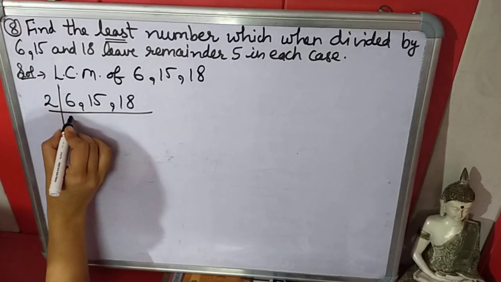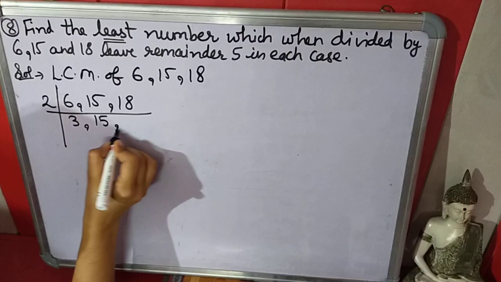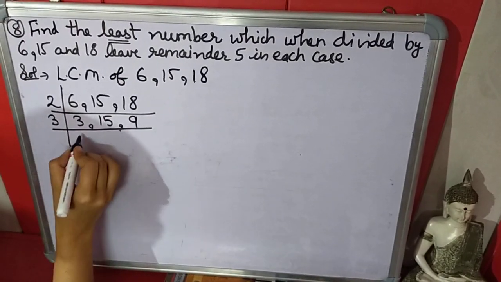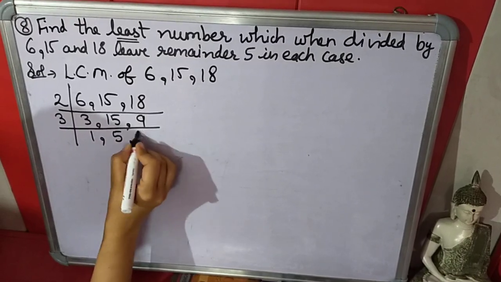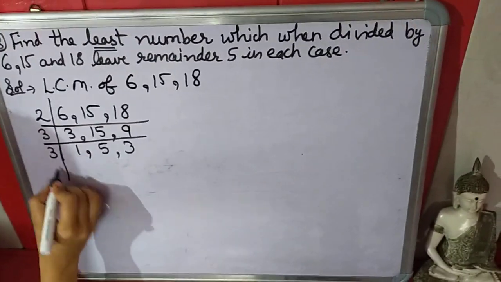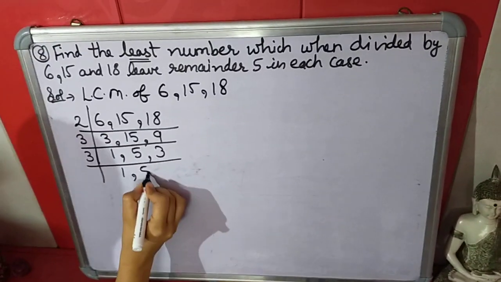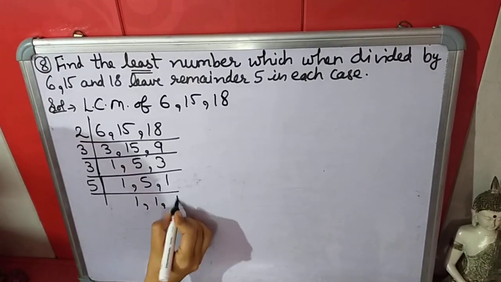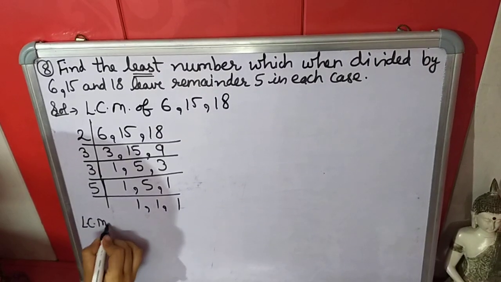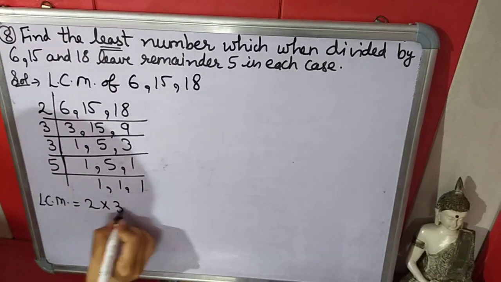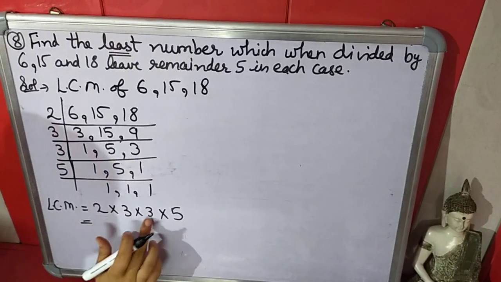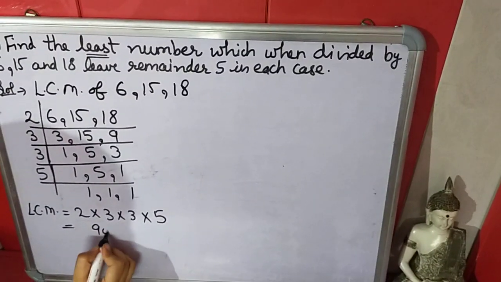It will go on table of 2. 2 3s are 6 and 2 9s are 18. Now all three numbers will go in table of 3. 3 1s are 3, 3 5s are 15, 3 3s are 9. Again it will go on table of 3 and now on 5. So here LCM is 2 multiply 3 multiply 3 multiply 5. 2 3s are 6, 6 3s are 18, 18 5s are 90.